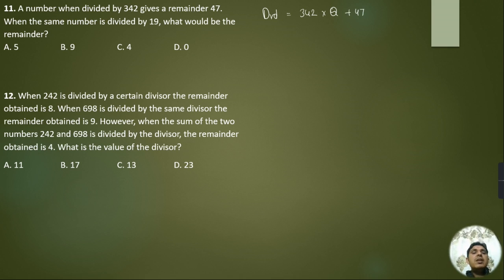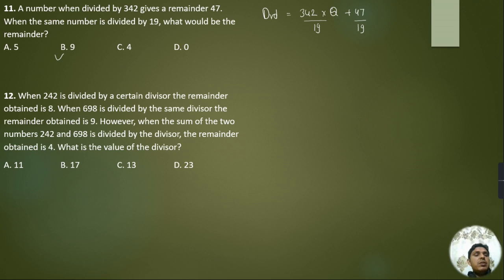When the same number is divided by 19, what will be the remainder? If we divide 47 by 19, 19 times 2 is 38, and after 38 the remainder will be 9. So students, the answer of this question will be 9.